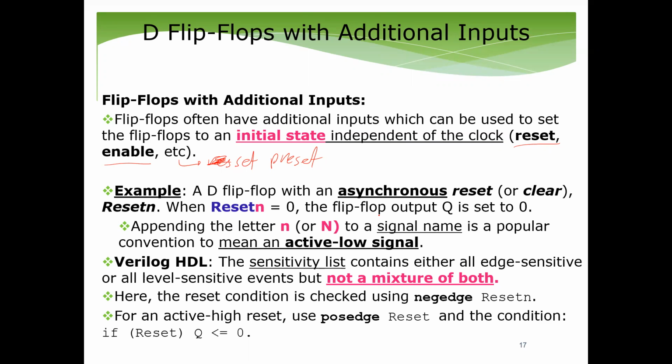I think we also talked about the difference between synchronous and asynchronous reset. So if you're talking about reset, now imagine you have a D flip-flop with an asynchronous reset. أحيانا reset يسمى clear ولكن we usually go by reset.